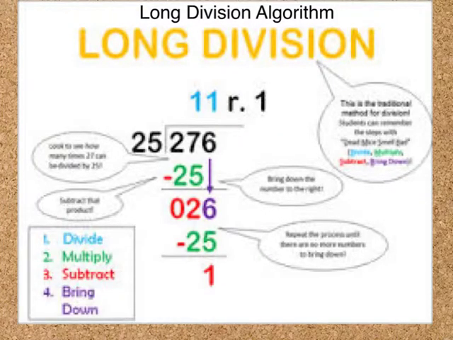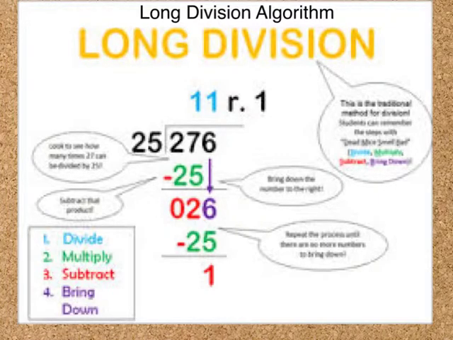Now, what we're looking at here is called the long division algorithm. And we can also say the long division, the steps of long division. And we know that there are certain steps that we have to do. The first thing we do is divide. And in this particular problem, we would say 25 would go into 27 one time.